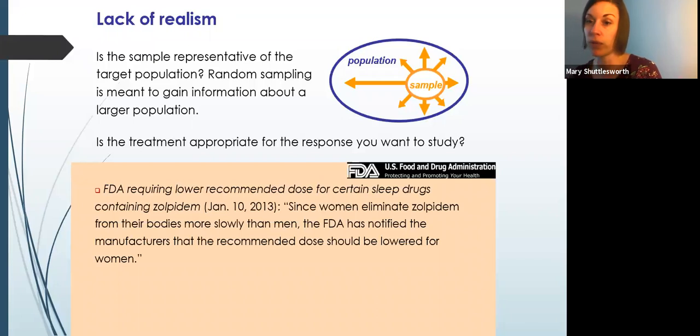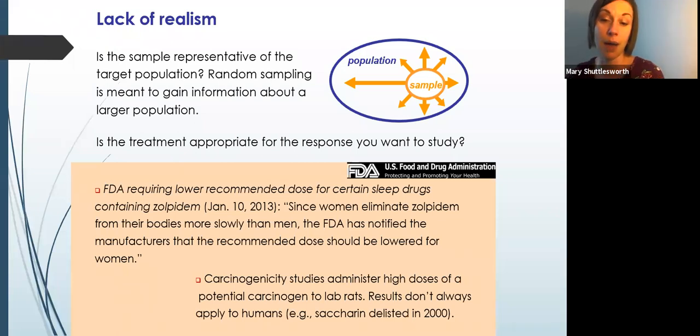Then they made some distinctions, that maybe women's bodies process this a little bit differently than men, and so perhaps the results from a study of all men do not generalize to the full population if we are including both men and women in the full population. Perhaps the results only apply to men.